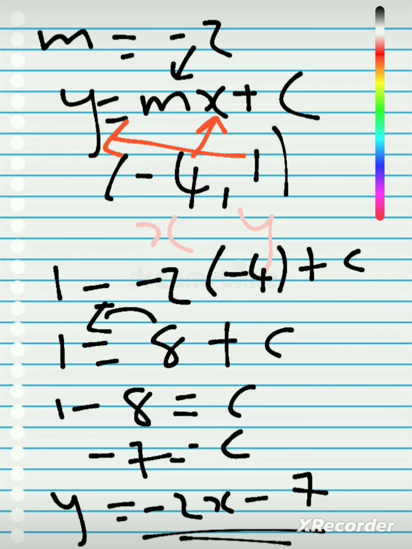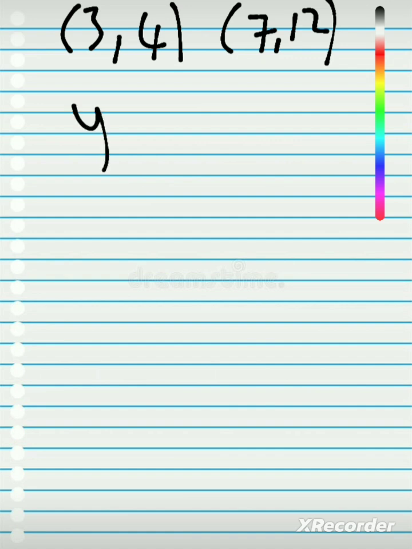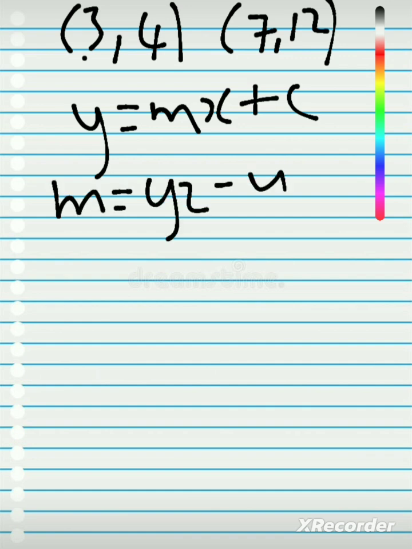We go to question 9. Okay, so question 9, we are given these 2 points. They wanted the equation of the line, so we're given (3, 4) and (7, 12). So we know the equation of a line is y is equal to mx plus c. Okay, so we can first find m. We know m is equal to y2 minus y1 over x2 minus x1.